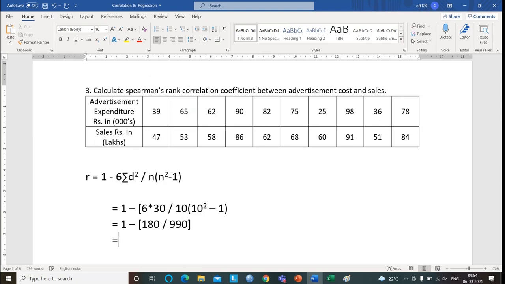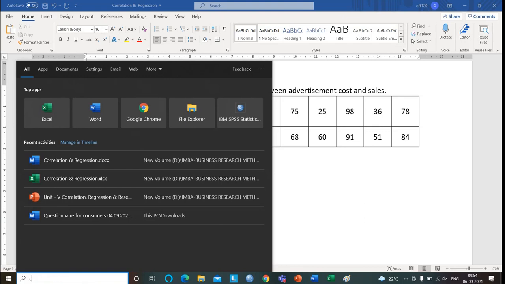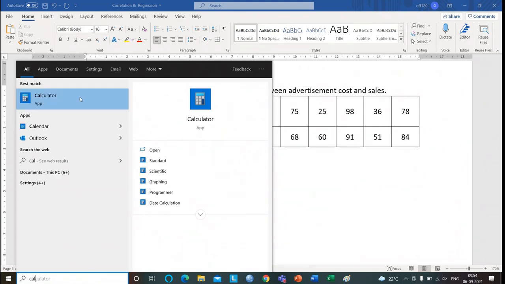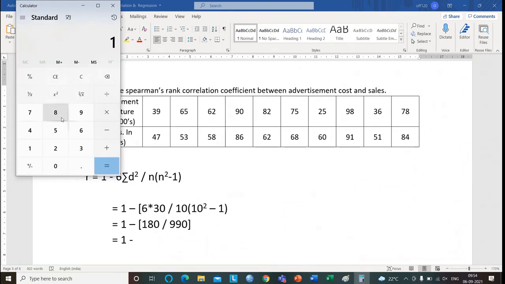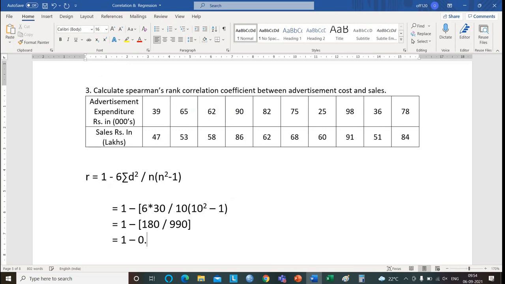So then 1 minus 180 by 990. Let us see the answer. 180 divided by 990, so the answer is 0.1818.